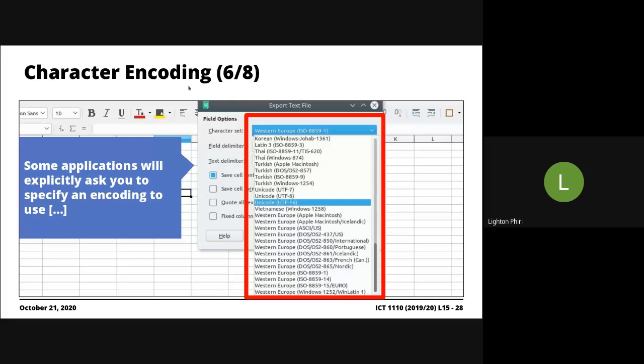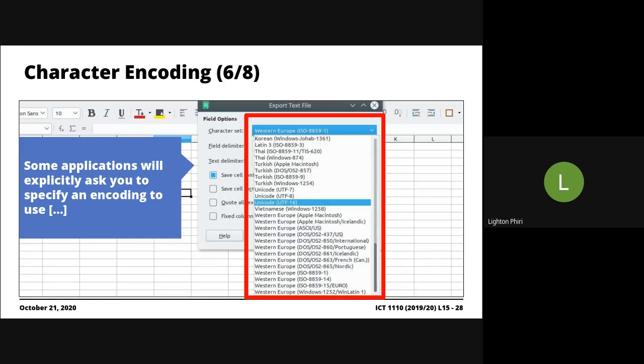Right, but it turns out that some more modern, complicated applications would typically allow you to explicitly state which encoding scheme you wish to use as you are creating content. Because as a user, one of the primary things you do, or at least some people anyway, is create content. Maybe you're working on an assignment in Excel or something, generating content.